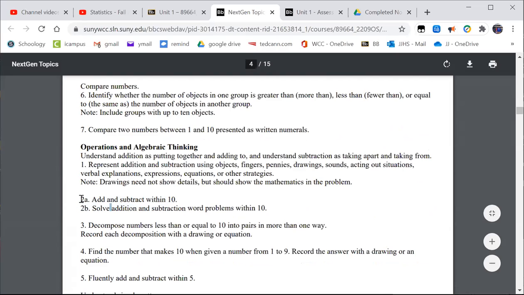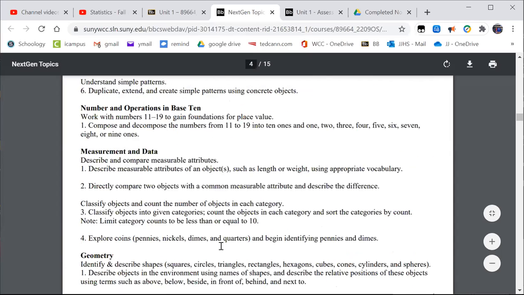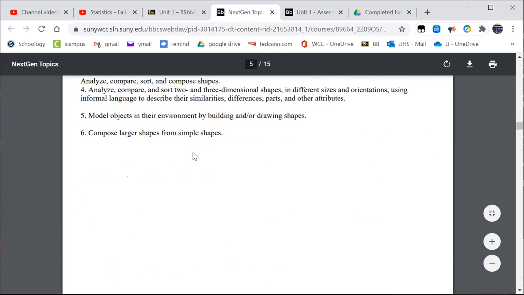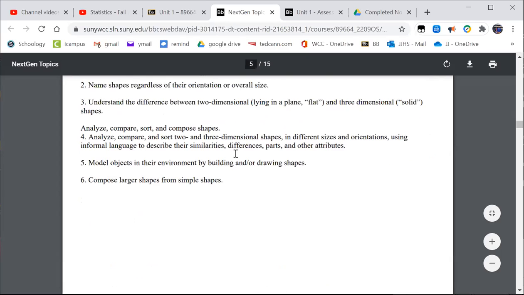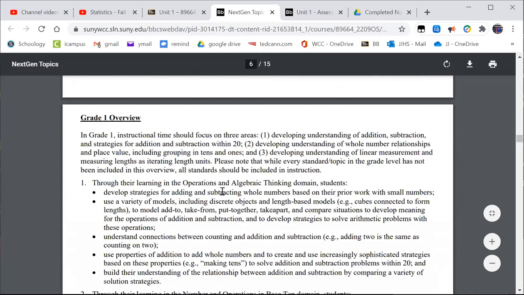We look at those as 2 separate strands. So if you want just 2A versus just 2B, you don't have to do them both together in the activity. If it makes sense to put them together, that's fine, all right? But you can see each one of these, it gets a little bit easier to understand what I'm asking you, because I'm not asking you to do all these things, I'm just asking you to do one of them. Compose larger shapes from smaller or similar shapes, all right?